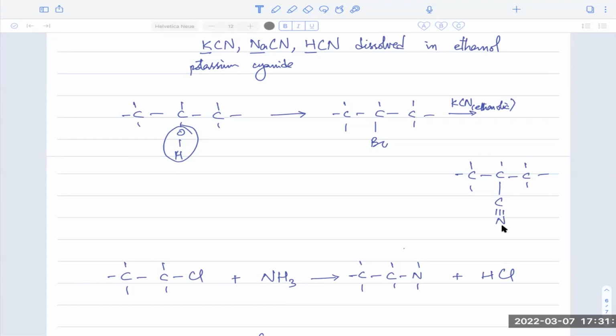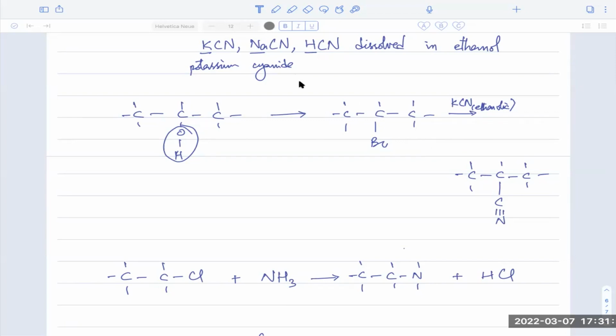An important thing to remember is you cannot add water in there, because water can split into H and OH, and that OH can also replace the Br, undermining the whole process. So because water can't be used, we use ethanol as our solvent, and to provide the CN, we use KCN, NaCN, or HCN.